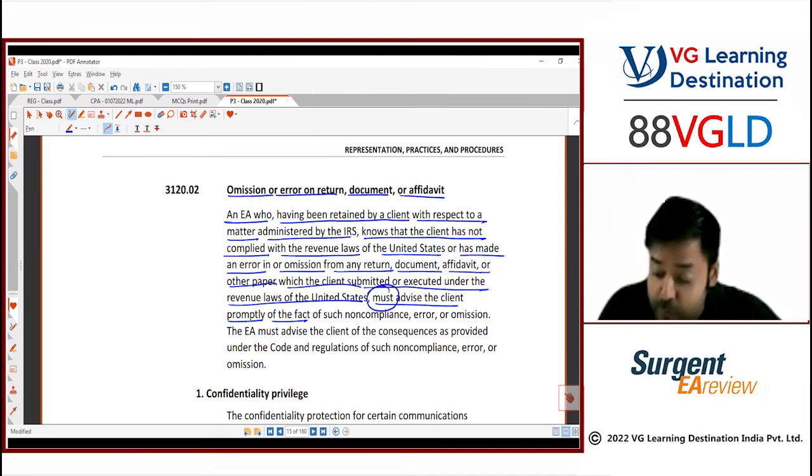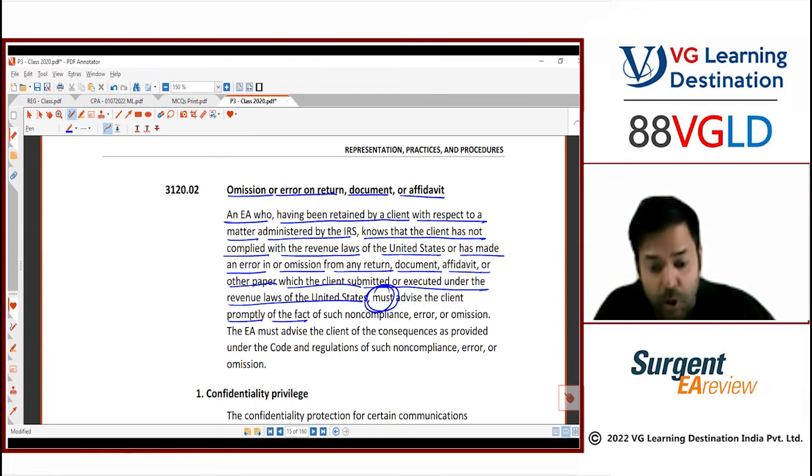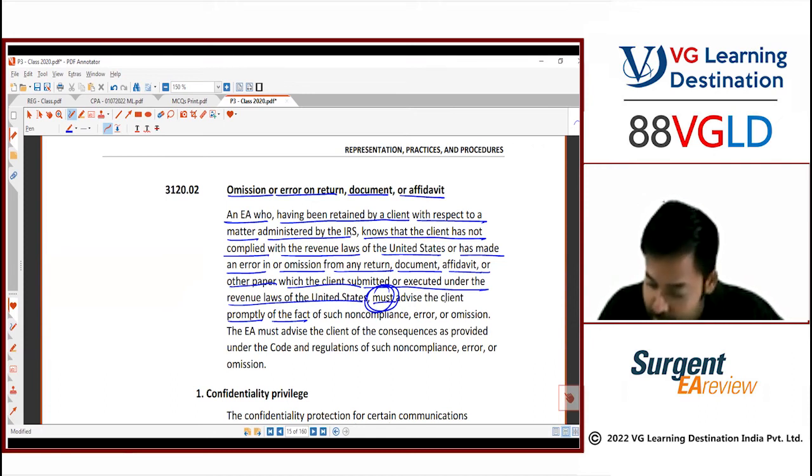It's your responsibility to advise that. We are not saying should, we are saying must advise the client promptly of the fact of such non-compliance, error, or omission. The EA must also advise the client of the consequences as provided under the code and regulations of such non-compliance, error, or omission.